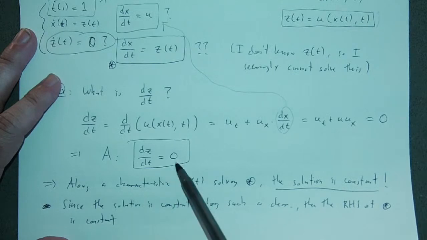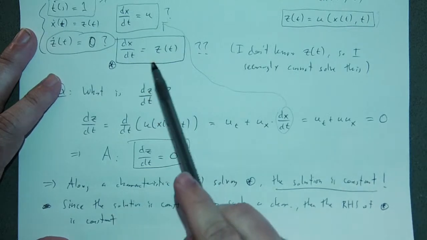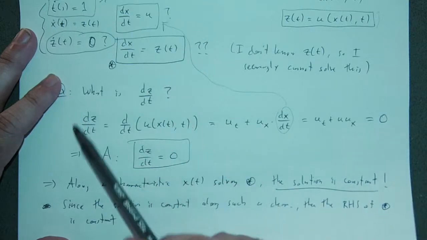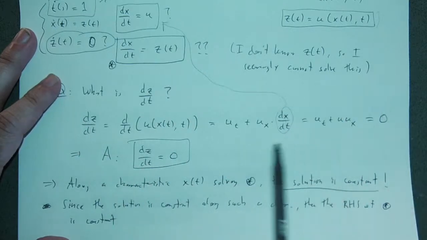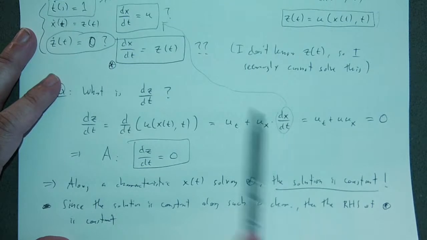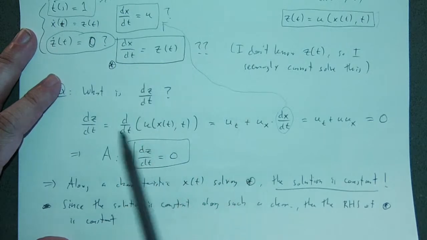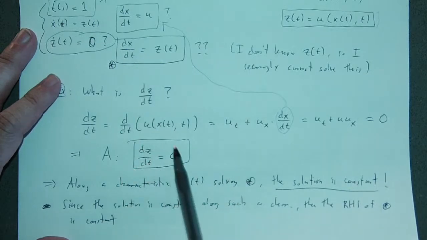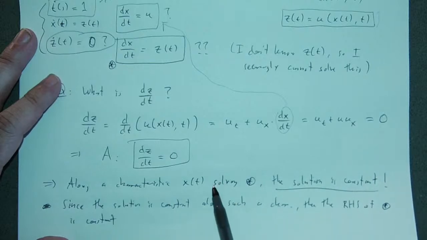If dz dt is equal to 0, then along a characteristic solving this differential equation, it's because of this step, this dx dt is equal to u step. So along a characteristic that solves this differential equation, this computation tells me dz dt is equal to 0, which means it's constant along such a characteristic.